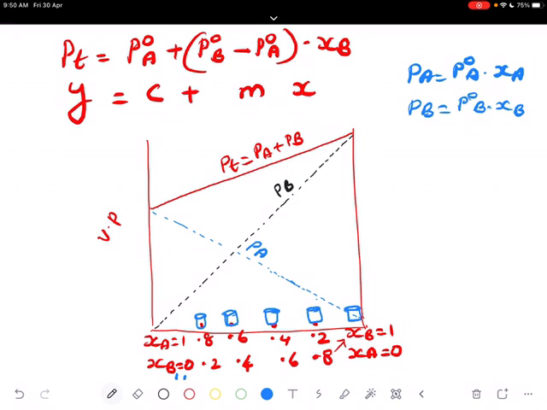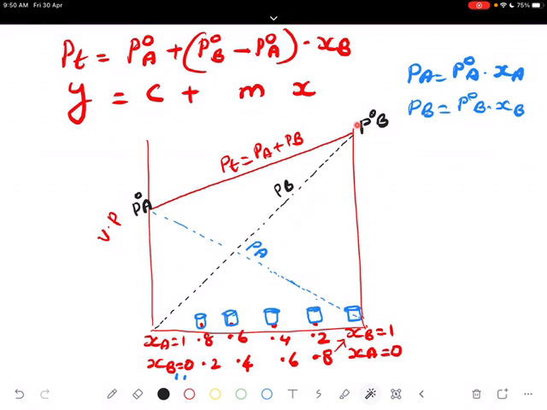And what is on the top here, this one is P naught B. P naught B we always take as higher because B is considered as highly volatile. And here this is P naught A. So here it is P naught A, there it is P naught B. P naught A is higher here, P naught B is higher here.